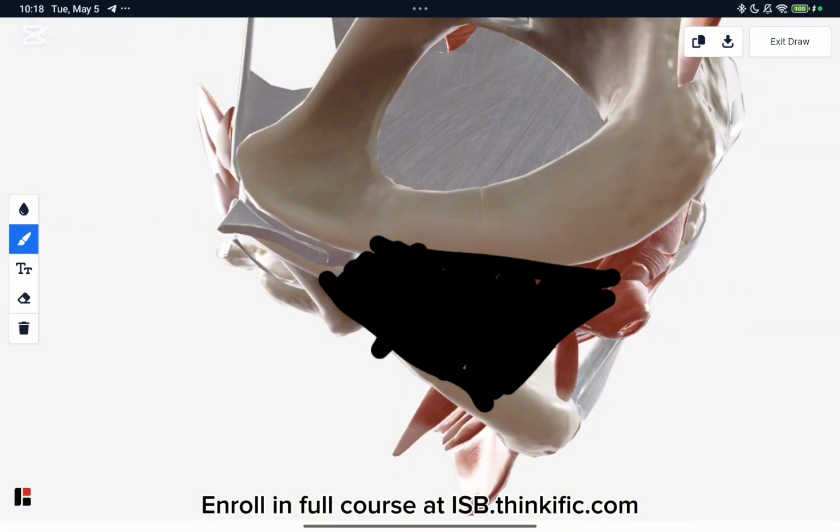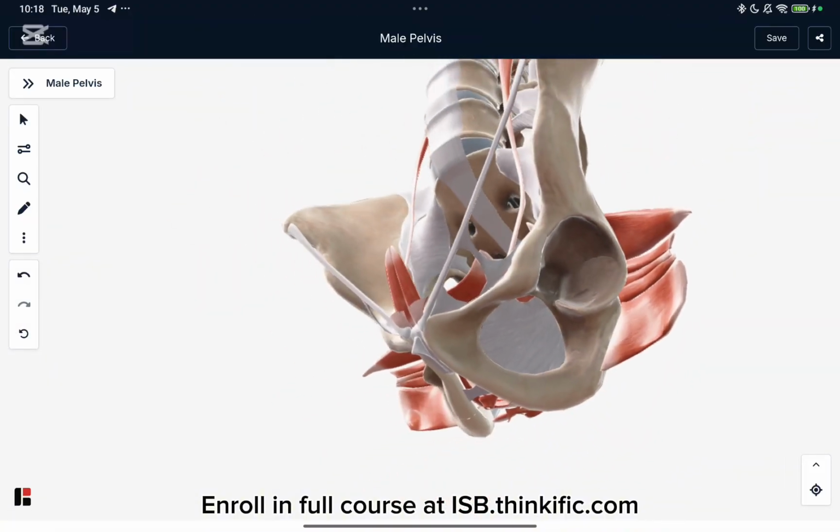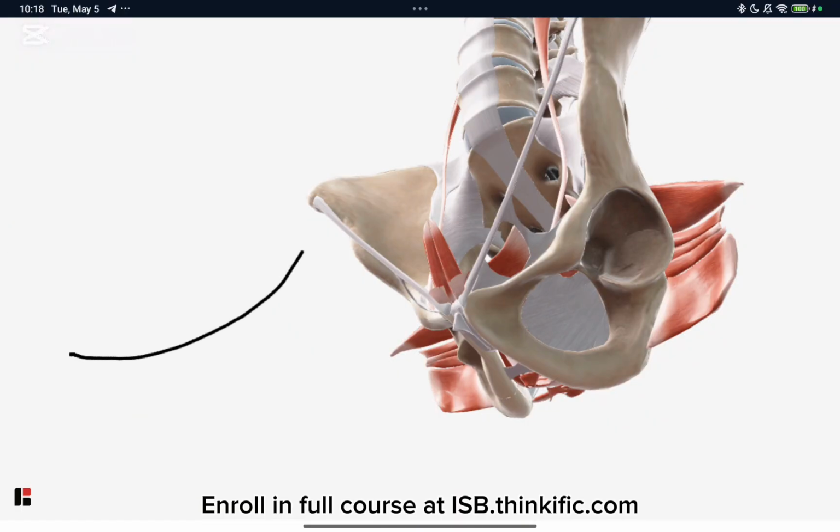The space between the membrane and the floor muscles is called the deep perineal pouch. The area external to the membrane is called the superficial perineal pouch. These divisions are essential for perfect understanding. So let me draw it in a simple diagram. This is the pelvic floor muscle, and this is the perineal membrane.